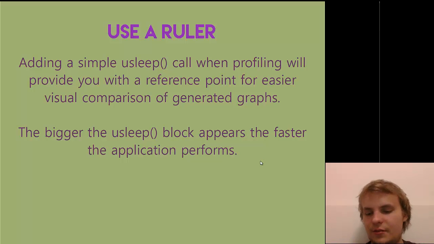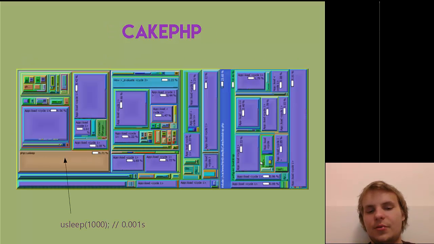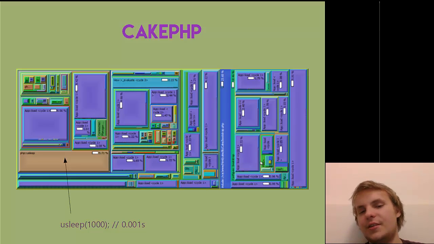Tell it to wait like 0.001 second, and because the size of that block is always going to remain constant, it's always going to show the constant time. Just by comparing it visually on different callgrinds, you can understand which app is consuming more resources.